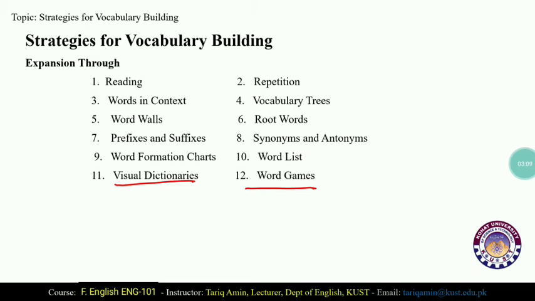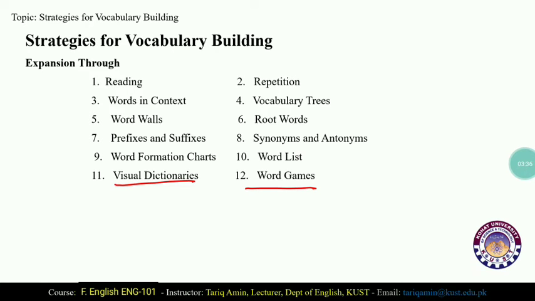The key to learning a language is to first of all develop vocabulary. If your vocabulary is developed and you know a large number of words, you can express your ideas and you can learn a language better, and in a short period of time. So words are very much important in any language.